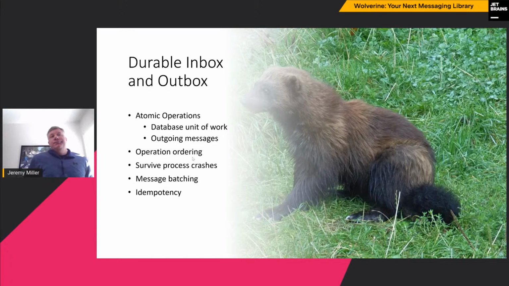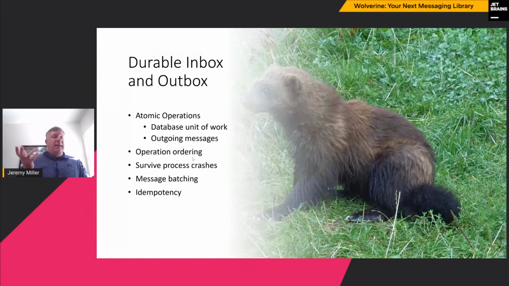Coming down, there's some other advantages. The Wolverine outbox, it's a background process. It's running as a hosted service in your .NET application. It can actually survive process crashes. If somehow or another, and this always happens somehow, the operation goes through, succeeds, but somehow the system fails before the message can be sent out.